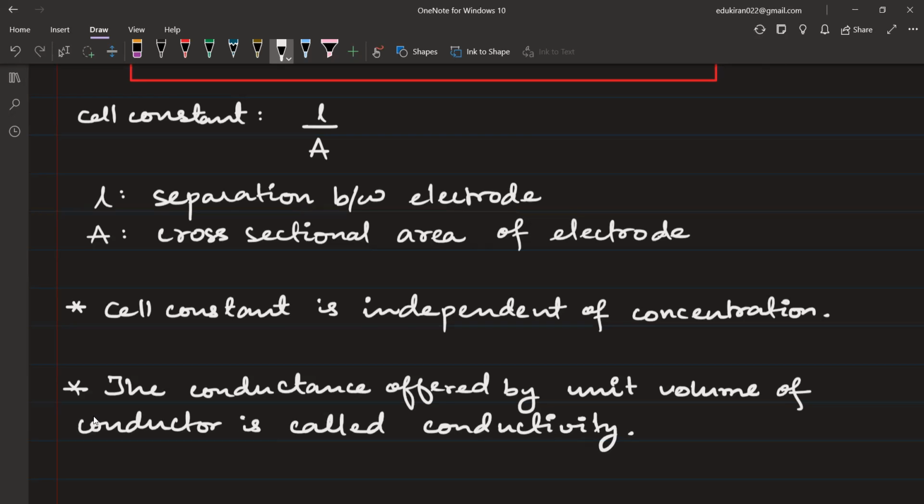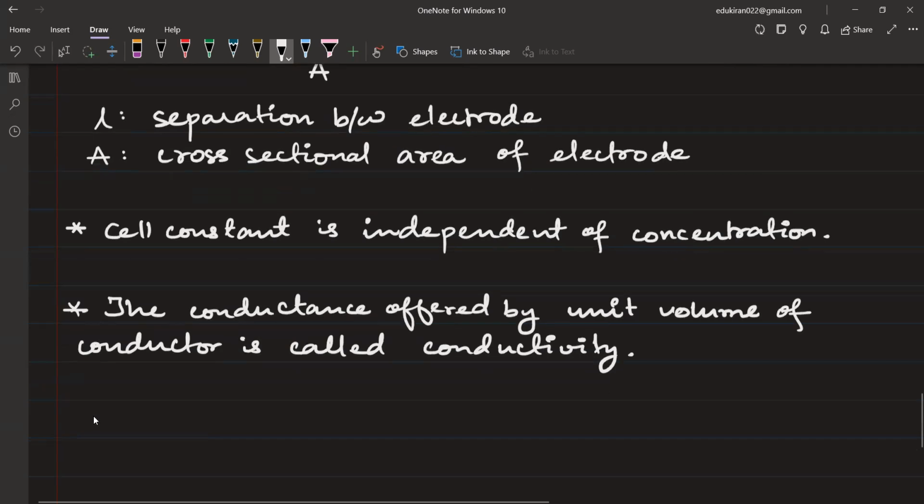Now, this is a very general way of how we define the constants. Kappa is equal to 1 upon R into L upon A.